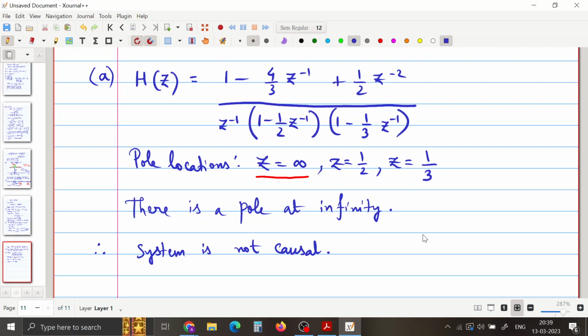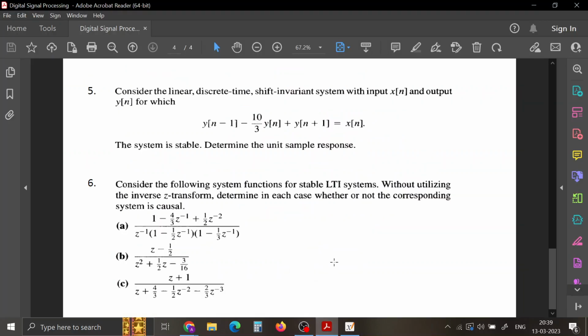Are we saying that the system is stable in that question? Yes. That's why we need not solve that when we can conclude like this itself. The system is not causal. You have to do it this way only, because you just look at the expression of H of z and check if the poles are lying inside the unit circle or not. It has been given that it is a stable system, and all you need to check is whether, in addition to being stable, it is causal or not.